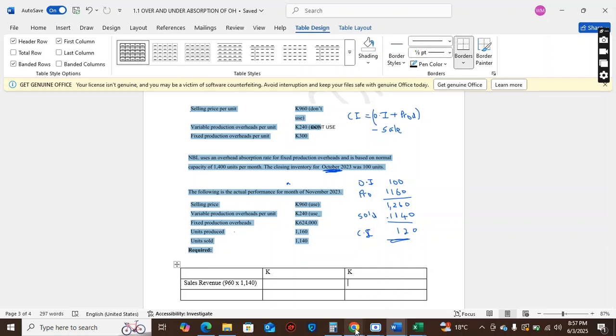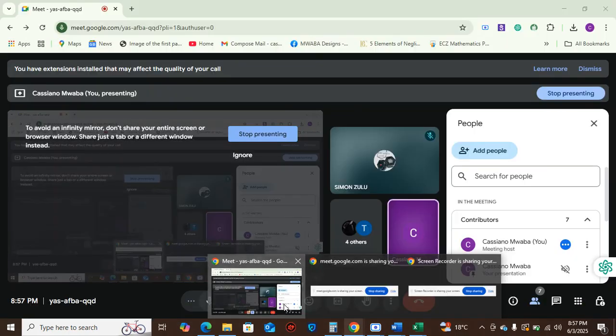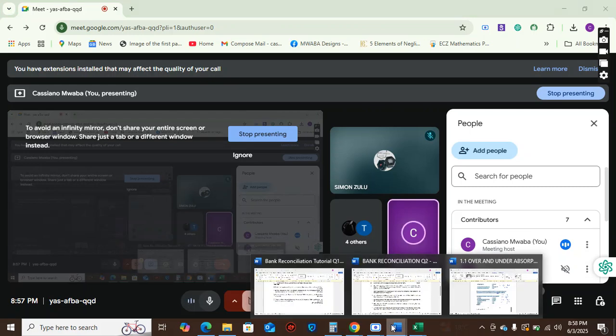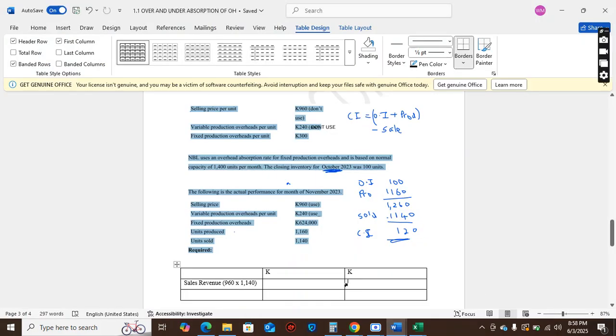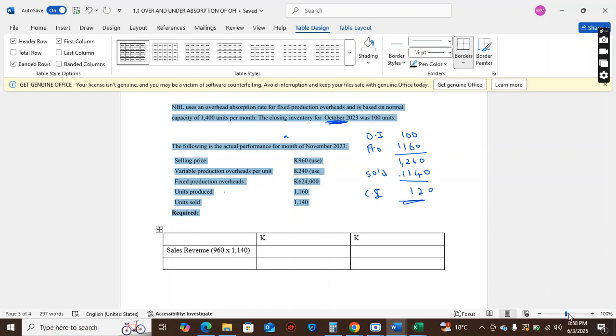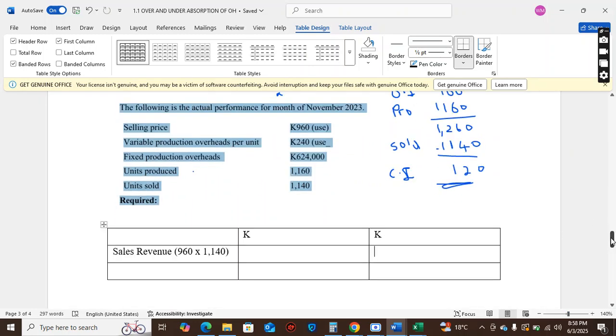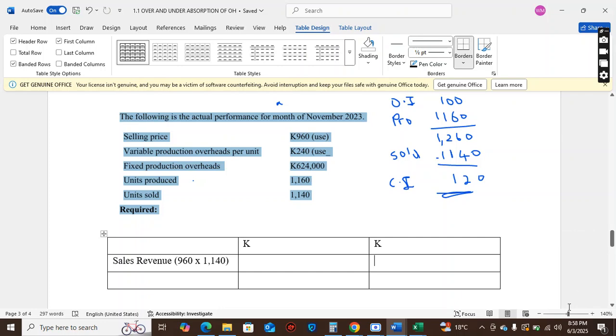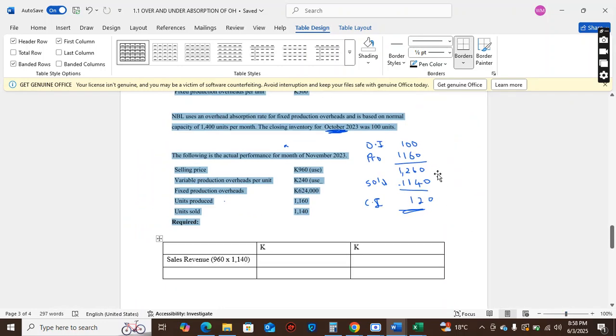Are we there, colleagues? With our calculators, 960 times 1,140. Remember, this is cost accounting. If you don't come with a calculator, it will be detrimental.